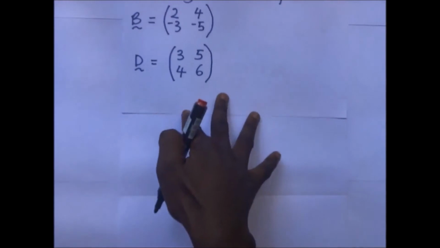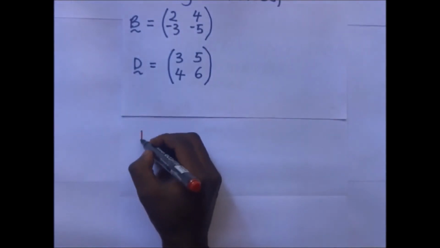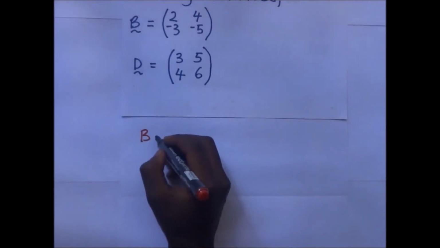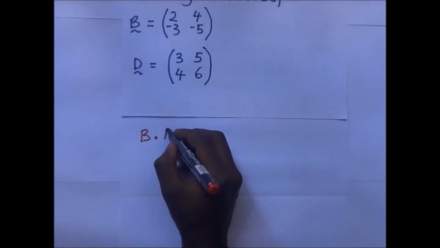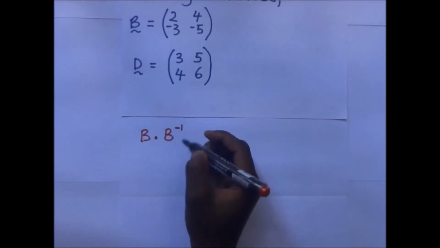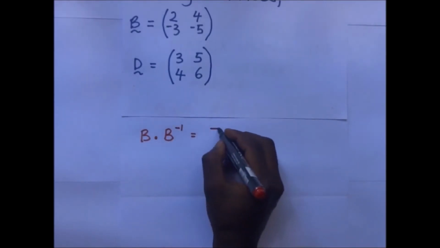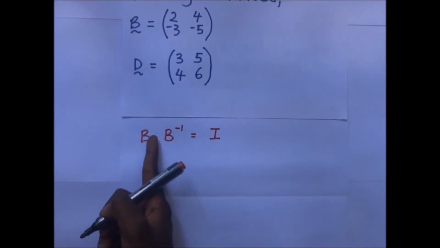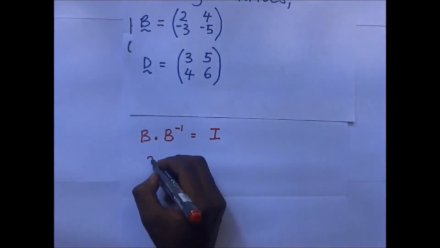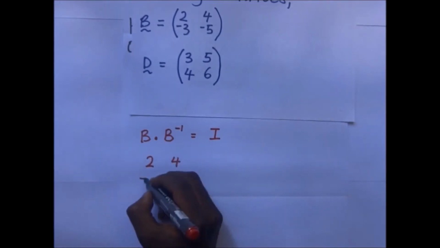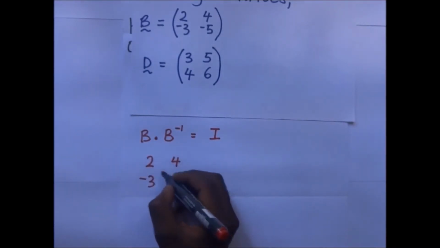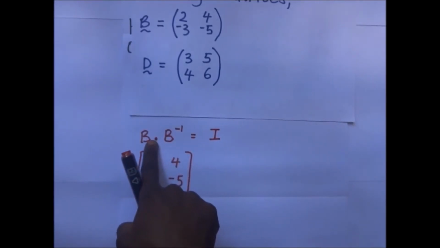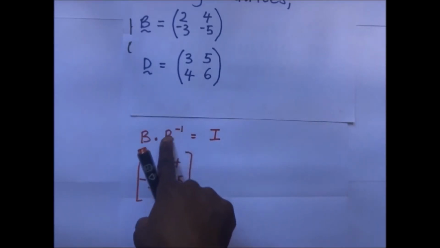First of all, we want to find the inverse of matrix B. That's the matrix given. So matrix B, when you multiply it by its inverse, is supposed to give us an identity matrix I. So what's that matrix B? The matrix B is 2, 4, negative 3, negative 5. We multiply it by its inverse. Now this is what we are looking for.